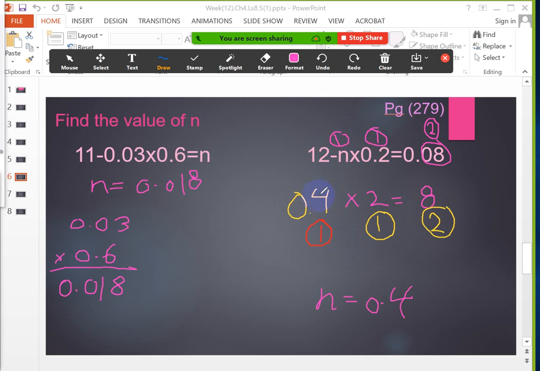So I have 4 here, so to make 1 digit after the decimal point, I have to move the decimal point only 1 digit, so the final answer will be 0.4. This is the value of m. This is the m that I will multiply with 0.2 to give me 0.08.